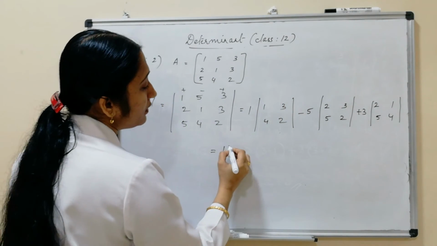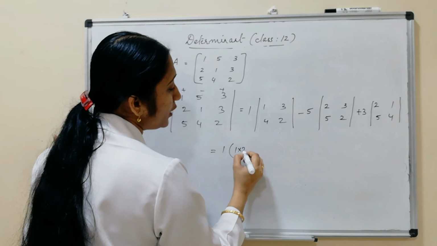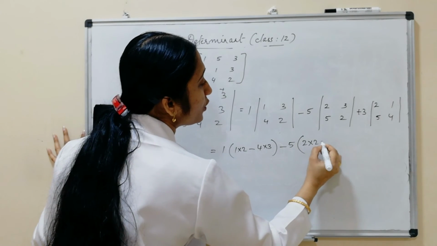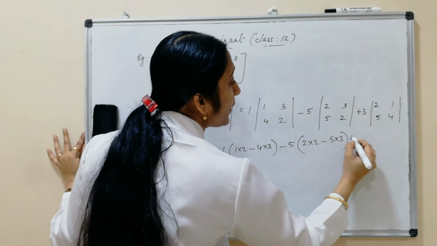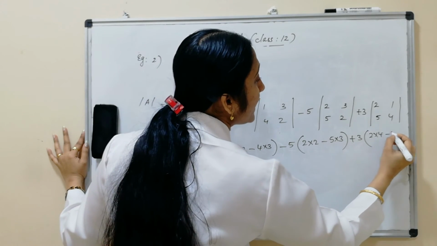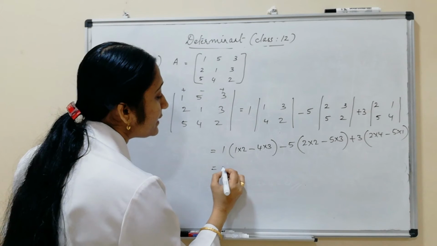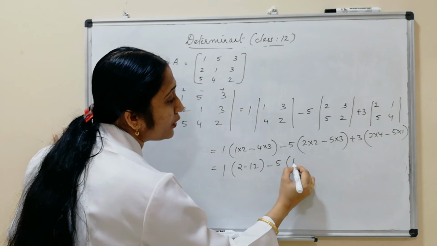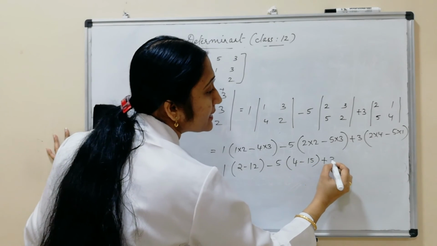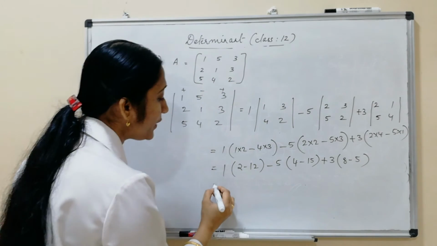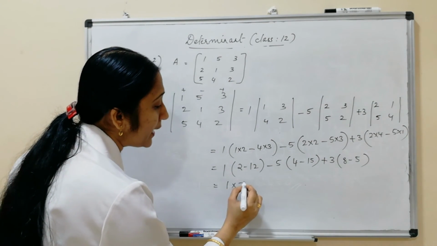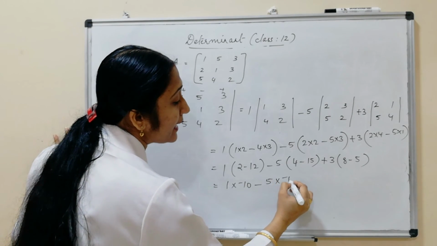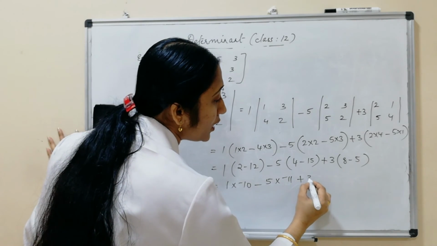Next, 1 into 2 minus 4 into 3, minus 5 into 2 into 2 minus 5 into 3, plus 3 into 2 into 4 minus 5 into 1. So let us see, 1 into 2 minus 12, minus 5 into 4 minus 15, plus 3 into 8 minus 5, which is nothing but 1 into minus 10, minus 5 into minus 11, plus 3 into 3.